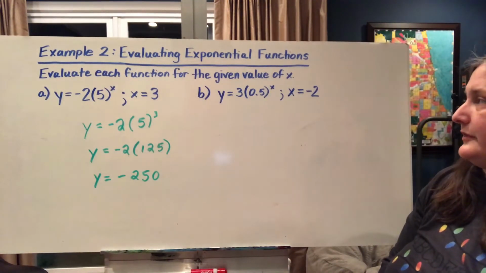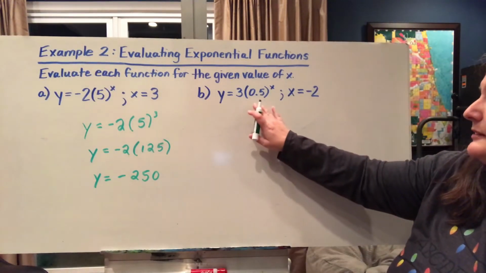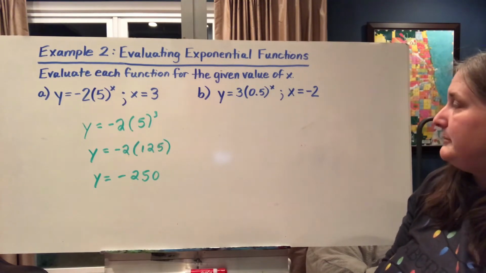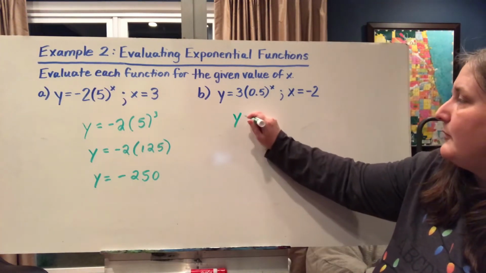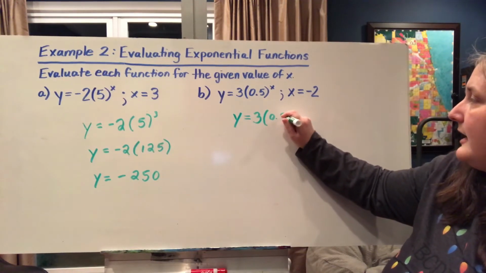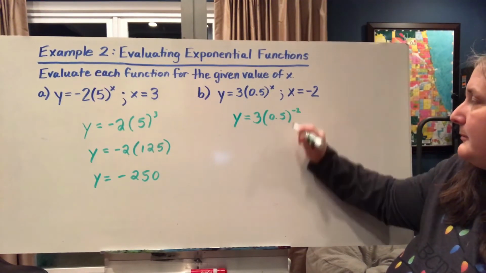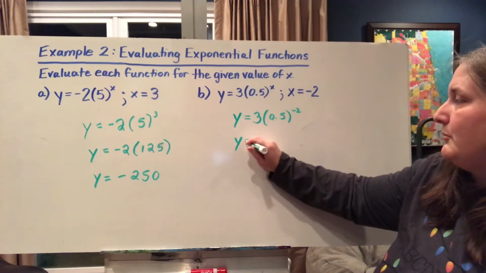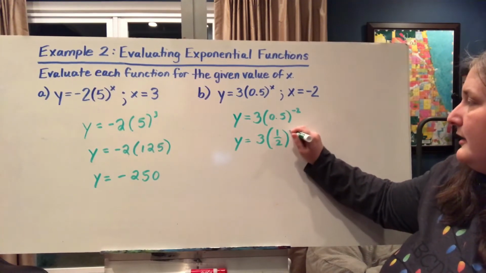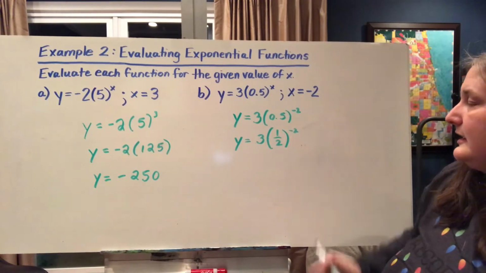Let's evaluate another one. This time it's y equals 3 times 0.5 to the x power, and they would like the x power to be -2. So y equals 3 times 0.5 to the -2nd power. Well, I'm going to rewrite 0.5 as the fraction 1/2 because I have this negative exponent.